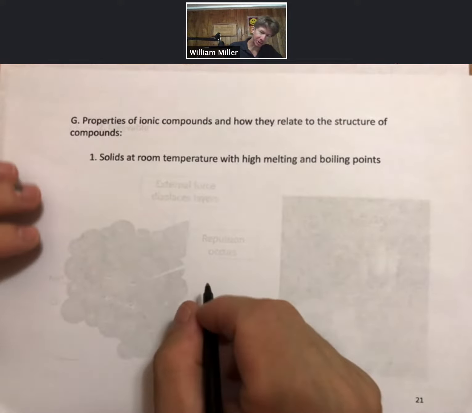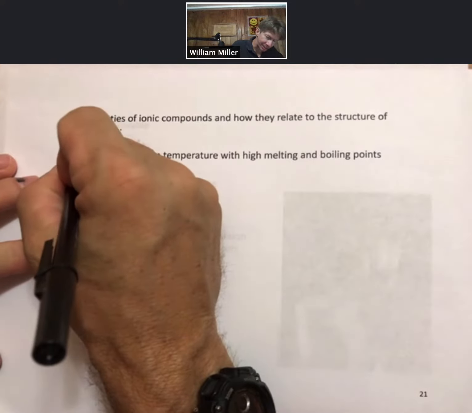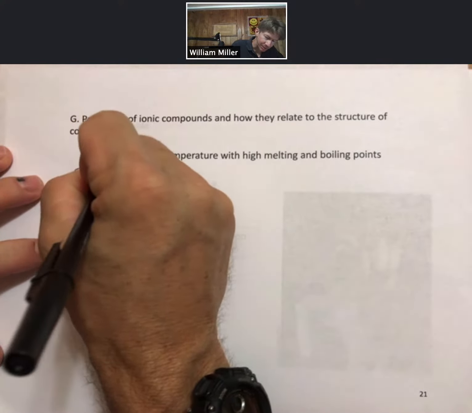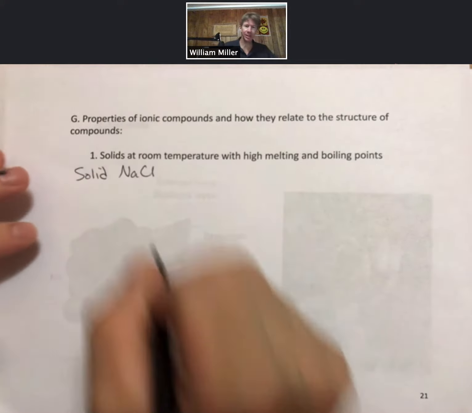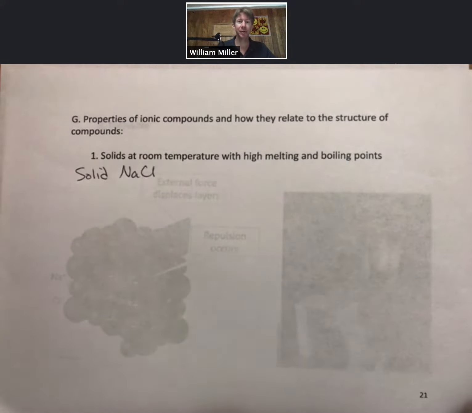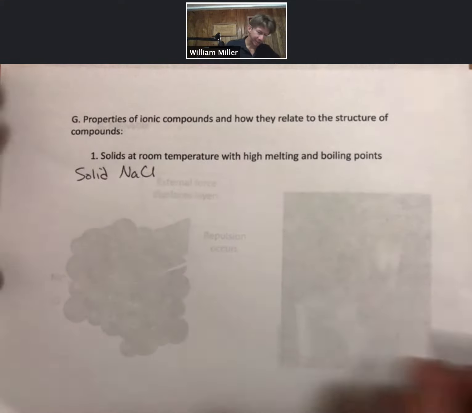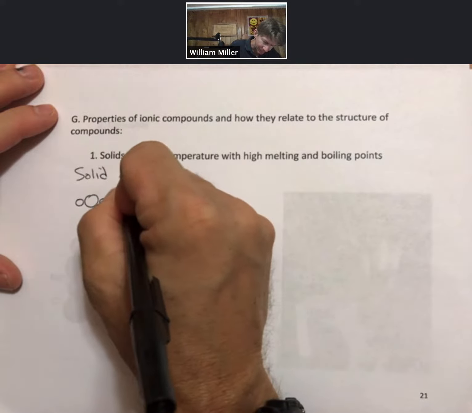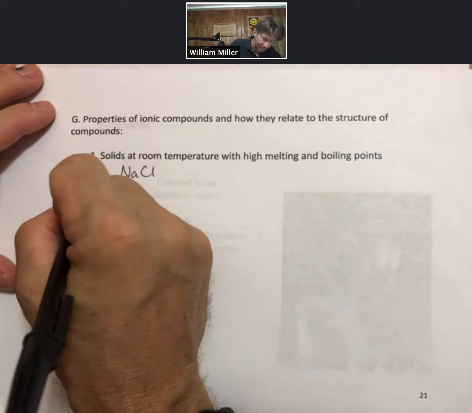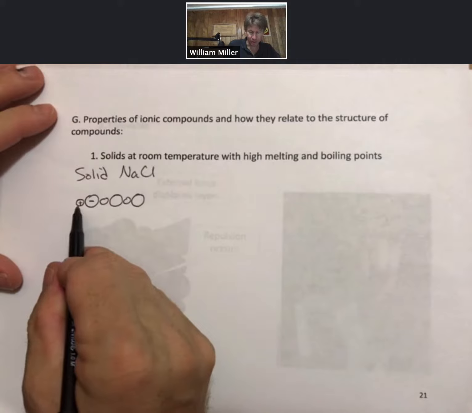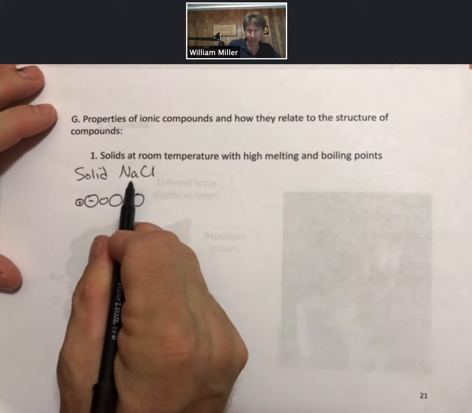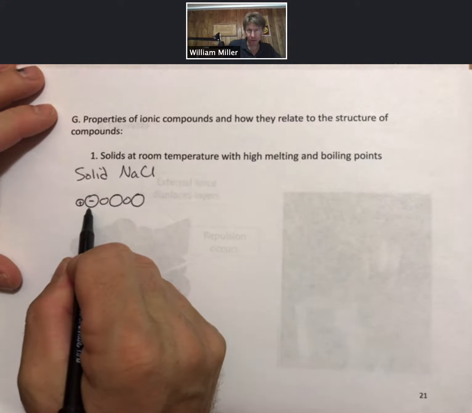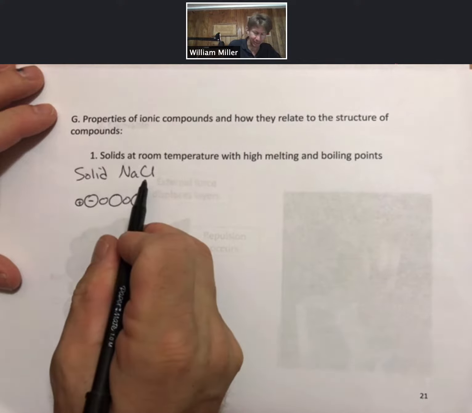And our picture of a solid ionic compound can be exemplified by looking at a sketch of sodium chloride. For sodium chloride, we'll have the smaller positive ions being the Na pluses and the larger chloride ions being the Cl minuses.